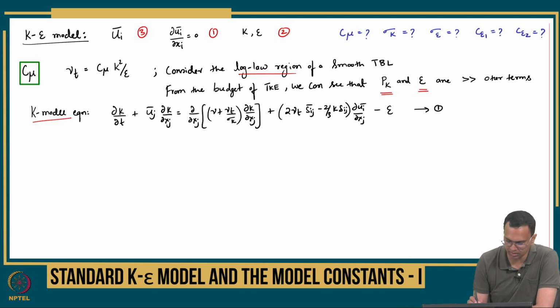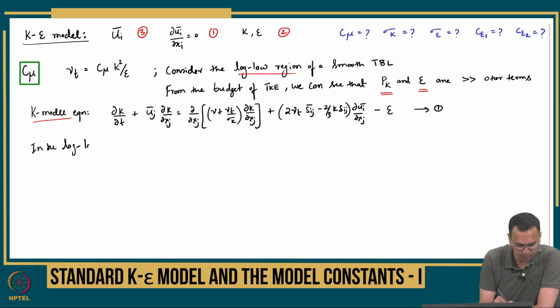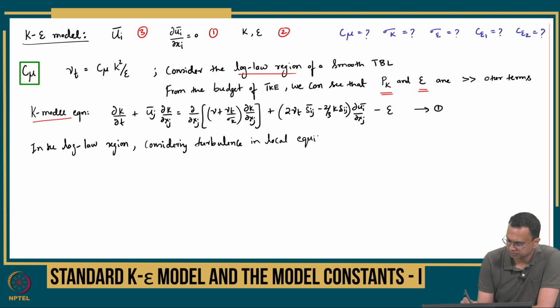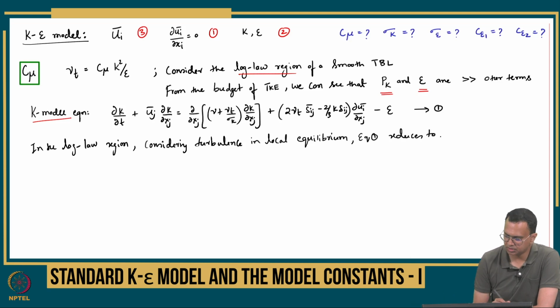So the equation essentially reduces to, in the log law region, that is considering turbulence in local equilibrium, equation 1 reduces to essentially 0 on the left hand side equal to Pk minus epsilon to first order.